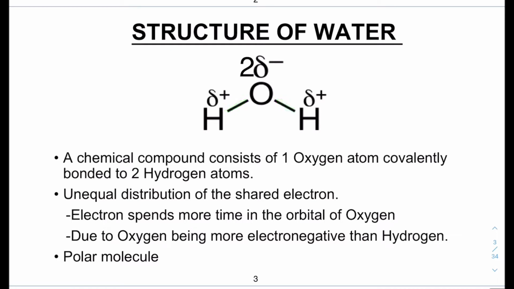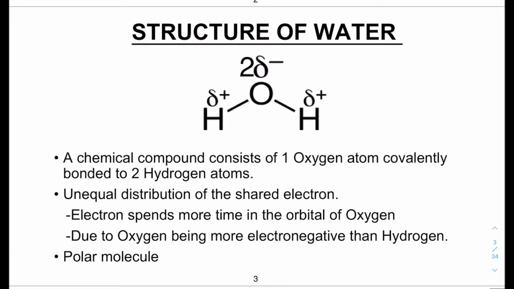Okay, covalent bond. So covalent bond adalah bond yang terhasil bila atom share electron between them. So between the oxygen and the hydrogen, mereka share electron. Okay, itu adalah covalent bond.